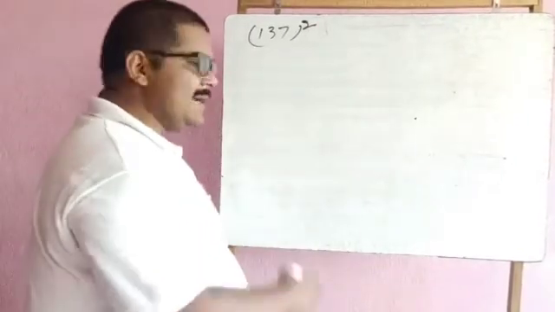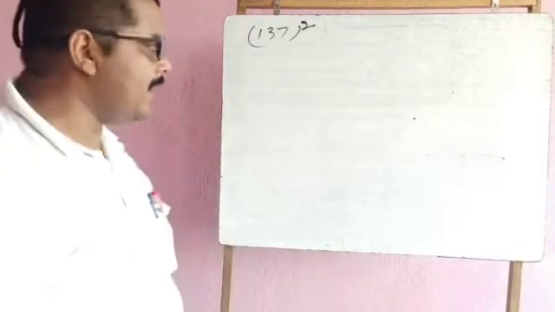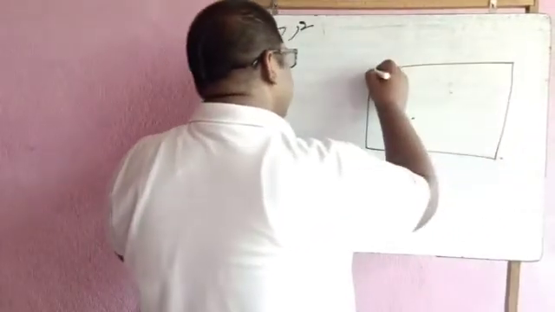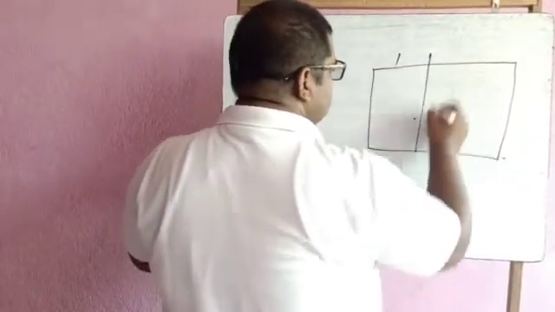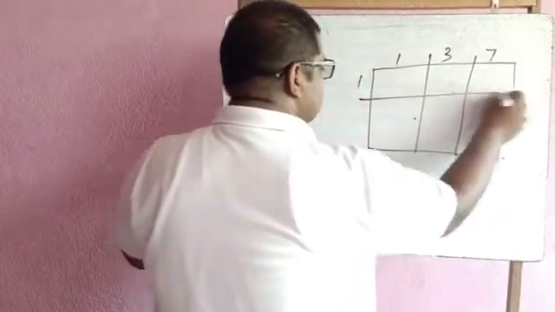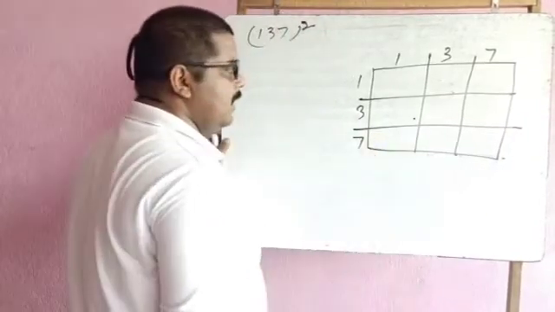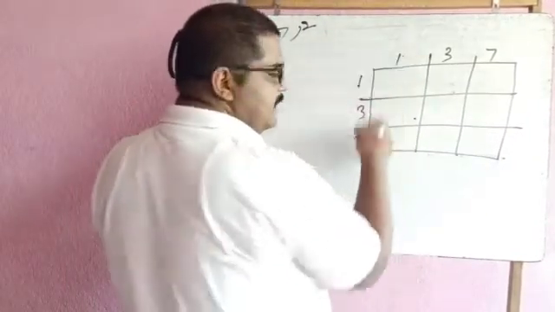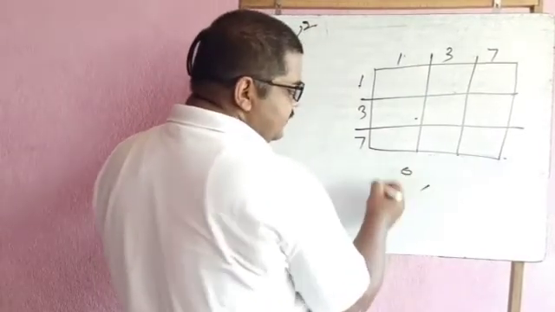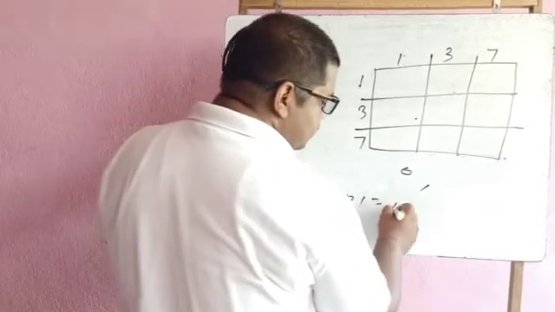In the case of a 3-digit number, if the number given is 137 square, then you have to again draw a square, write 1, 3, 7, and similarly 1, 3, and 7, and now you have to multiply. 1 is multiplied by 1 and the result is 1, but it has been written as 0, 1, because you know that 0, 1 is equal to 1.